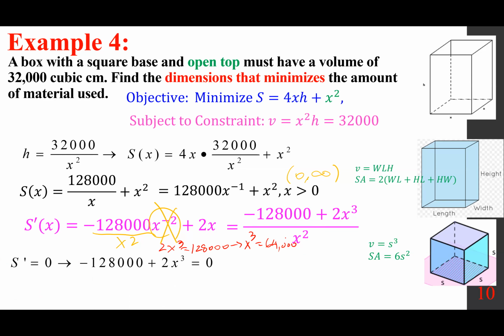So 2x cubed is 128,000 divided by 2, you get 64,000. And take a cube root and it becomes 40 centimeters.